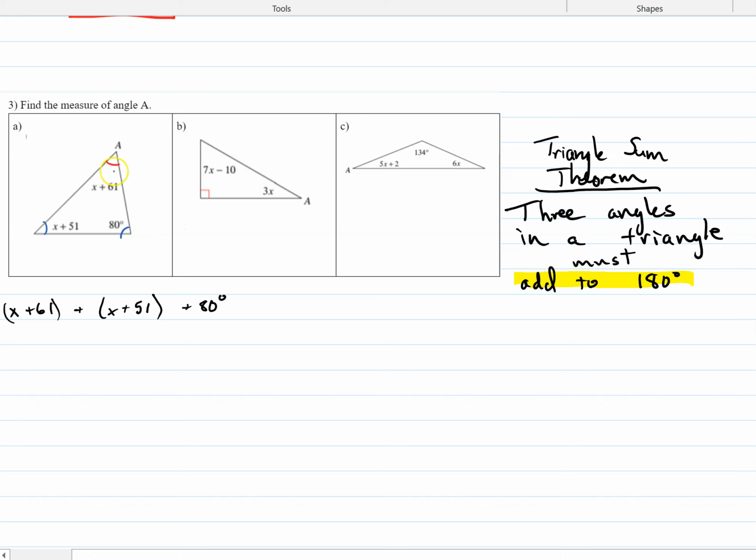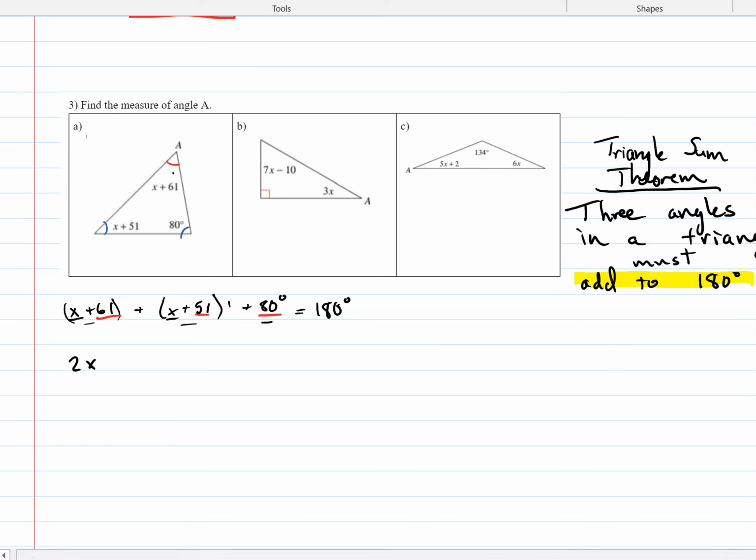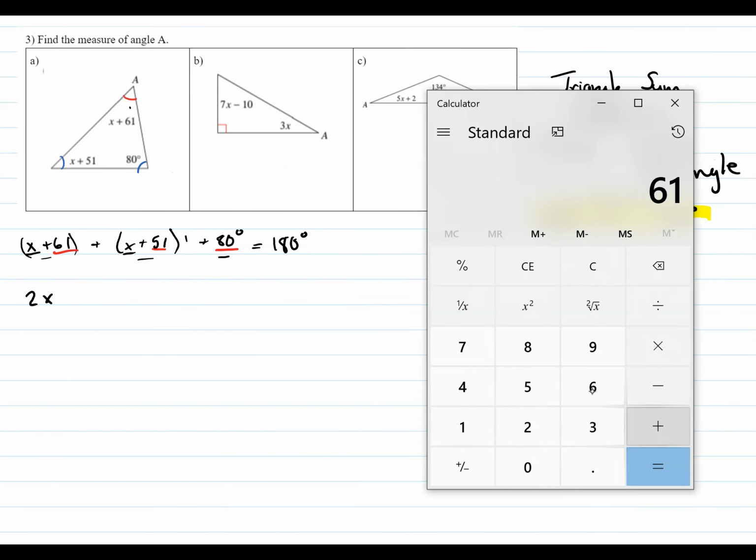So we've got x plus 61 plus x plus 51 plus 80. Since each of these is an angle, those 3 angles must add to 180 by the triangle sum theorem. So now we need to combine like terms. I have an x plus an x, that makes 2x. I have a 61, a 51, and an 80. Calculating. 192.